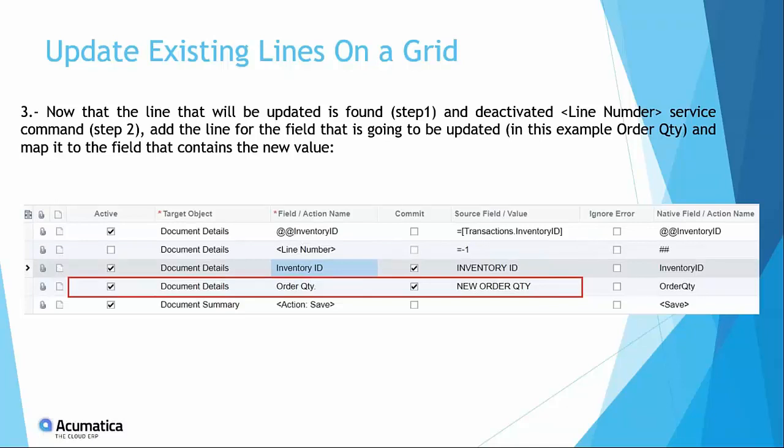First of all, you select the line, highlight the line, which is what add inventory ID does. We don't need to add a new line. Line number is inactive. And when we find the inventory ID, we just go to the quantity and specify the new quantity that we need to update.